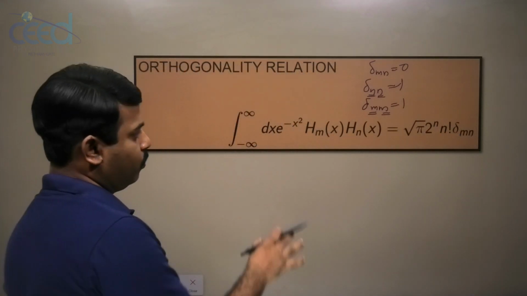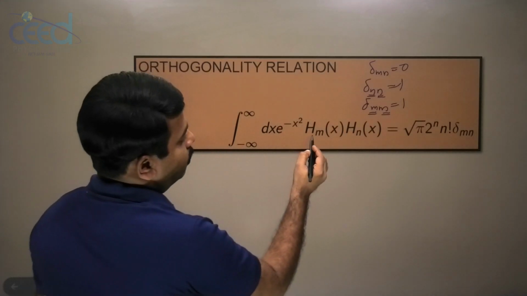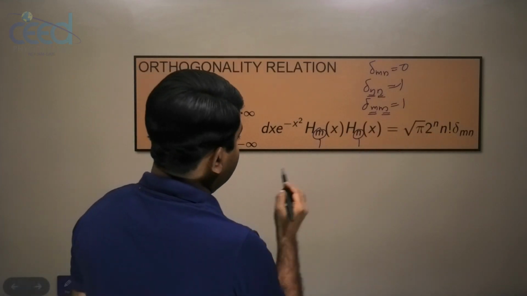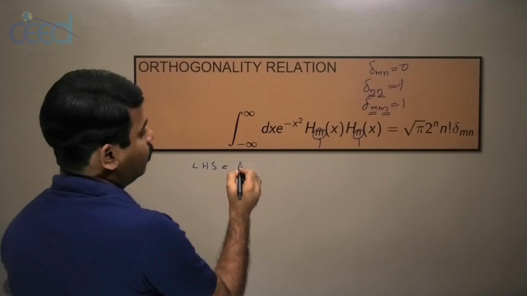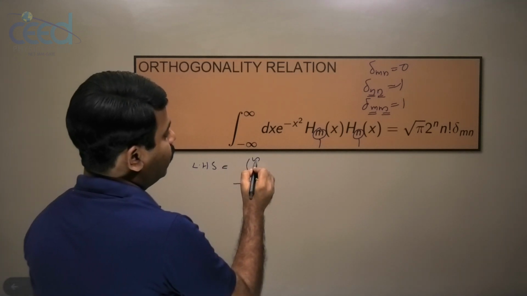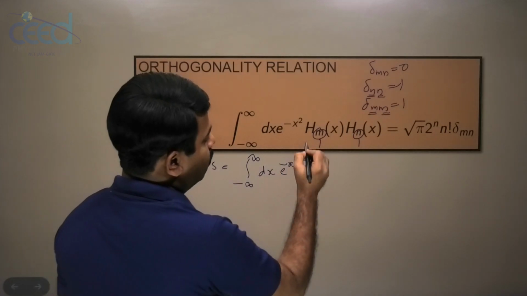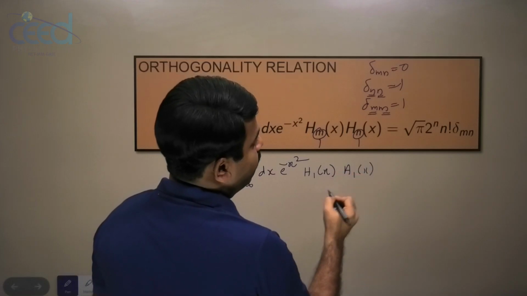So we can verify. For example, here I am putting m equal to 1 and n equal to 1. Then I am calculating the LHS. LHS is equal to the integral from minus infinity to infinity dx e raised to minus x square h1 of x into h1 of x, right.